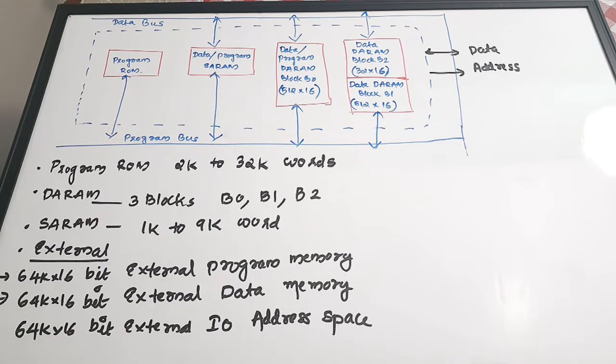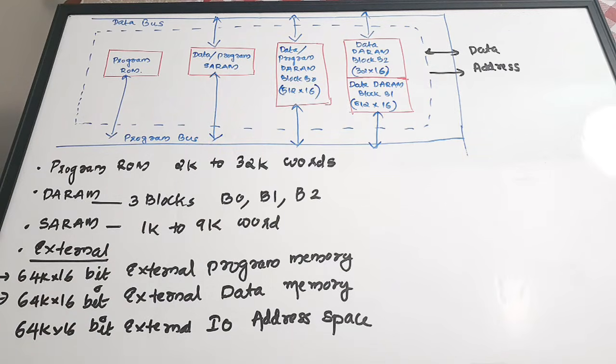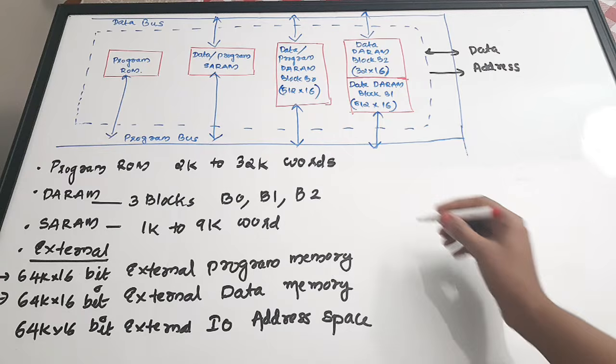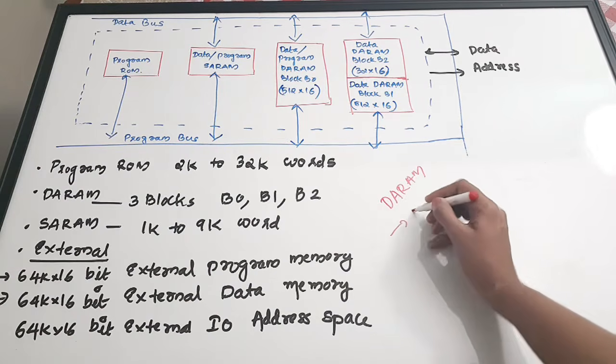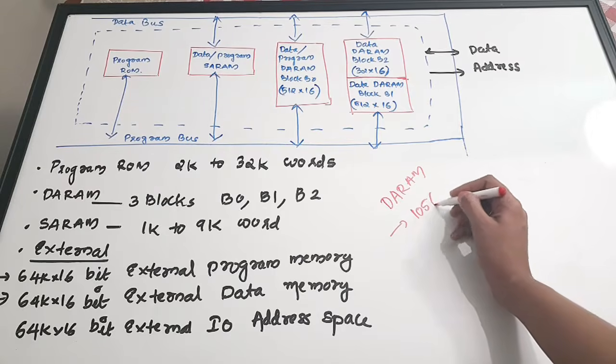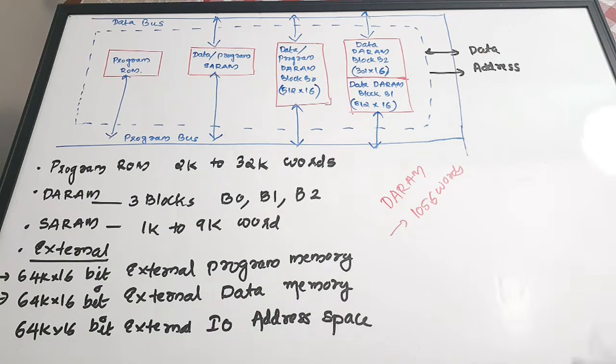So that is all about the DRAM, and the total size of the dual access RAM, if you combine these 3 blocks, is 1056 words.